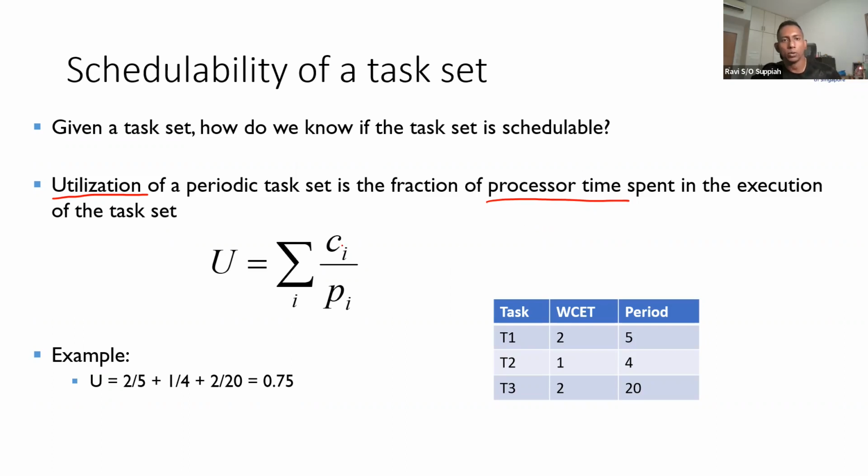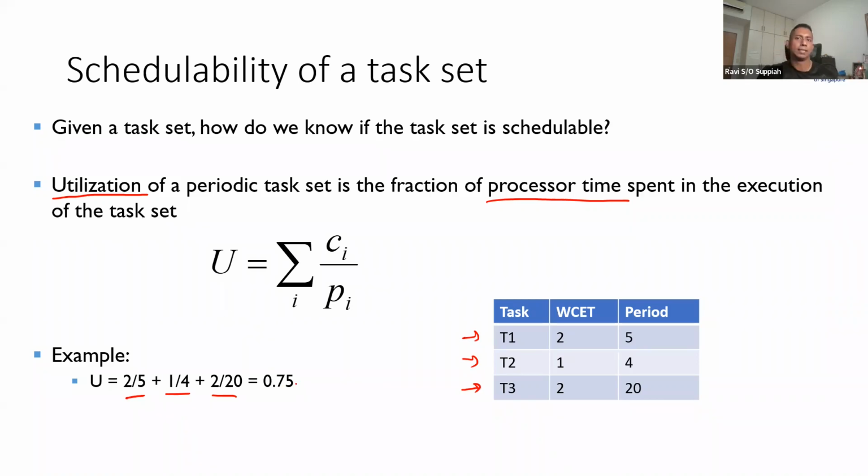To compute this utilization, you follow this formula, which is the summation of C over P, the computation time of the task over the period of the task. In this case, it is 2 over 5 for the first task, 1 over 4 for the second task, and 2 over 20 for the third task. So you get a value of 0.75.